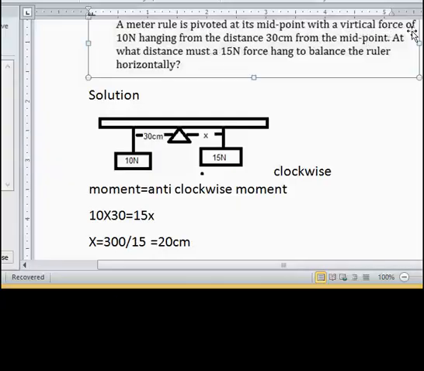So this meter rule is pivoted at the midpoint, though we are not told where the midpoint is, but let me just pivot the meter rule at the midpoint, with a force of 10 Newton hanging from a distance of 30 cm from the midpoint. So a distance of 30 cm from this midpoint.